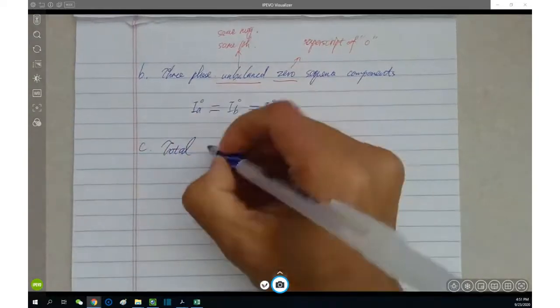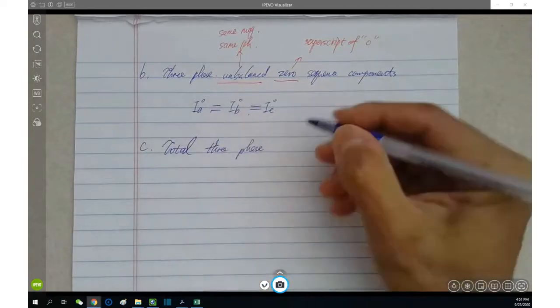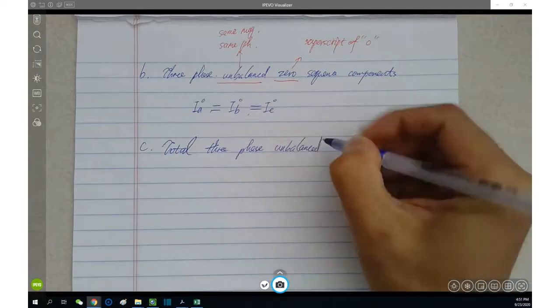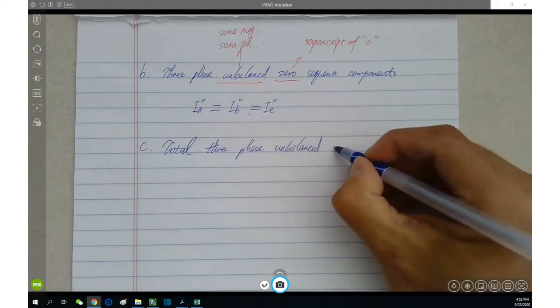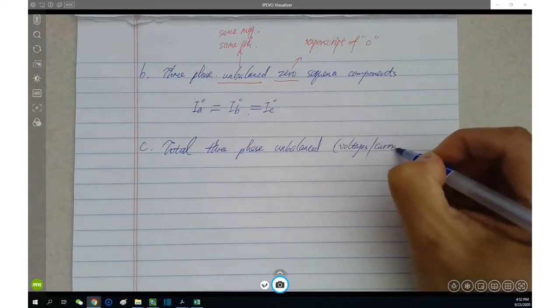Then now it's a total three-phase unbalanced, either voltages or currents. Same concepts here.